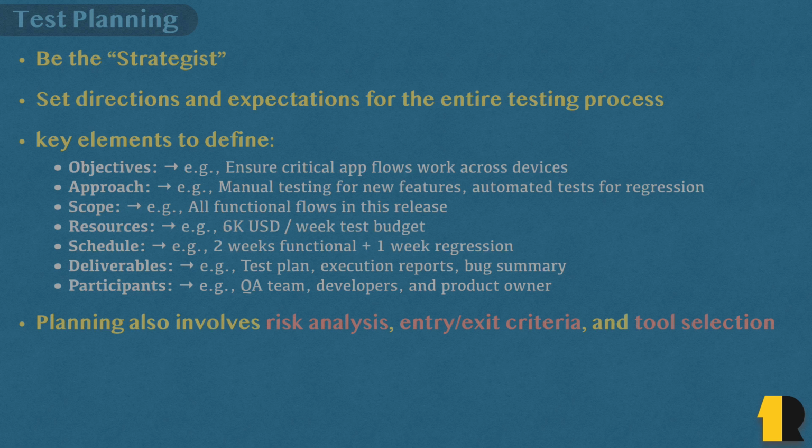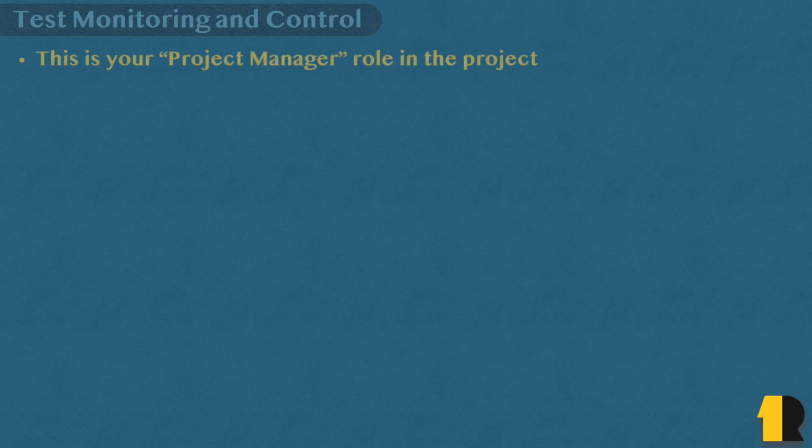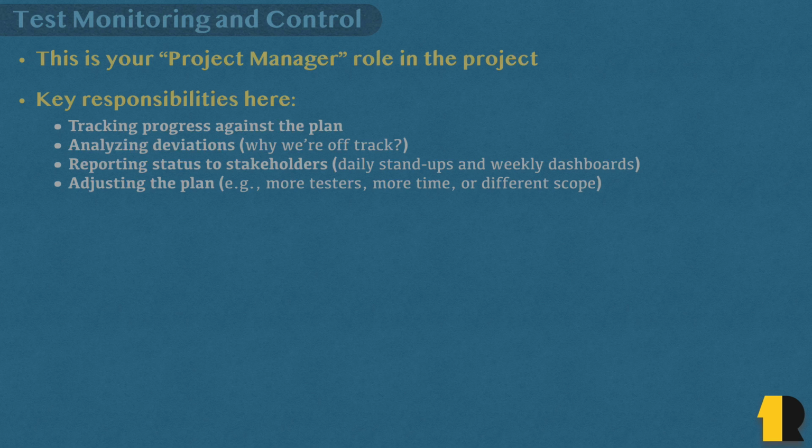Great, now let's shift our focus to the next activity that concerns us as test managers: test monitoring and control. Here, you take off the strategist hats and put the project manager's one on. What you're doing basically is tracking the progress of the current project against what's defined in the test plan. Analyze the deviations and understand why these deviations happened in the first place.